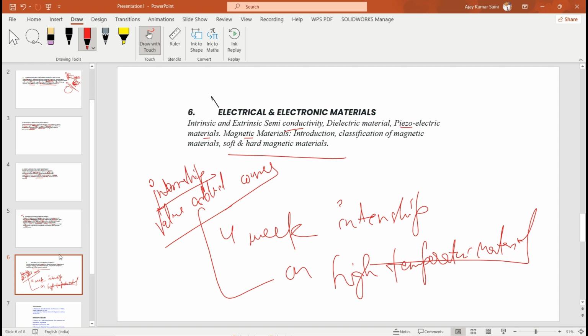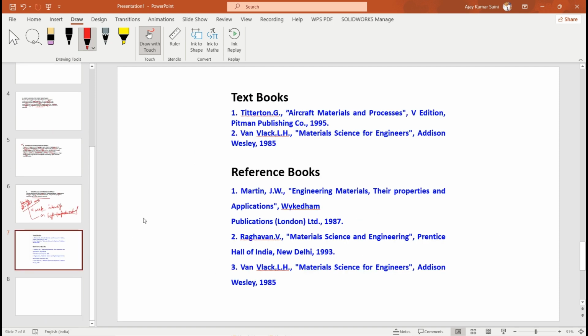And there are some books which are recommended. Okay, so the textbooks are like this, this is the writer, and this is the name of the book, and this is the publication. So you can search online these books, otherwise I give you all these materials.